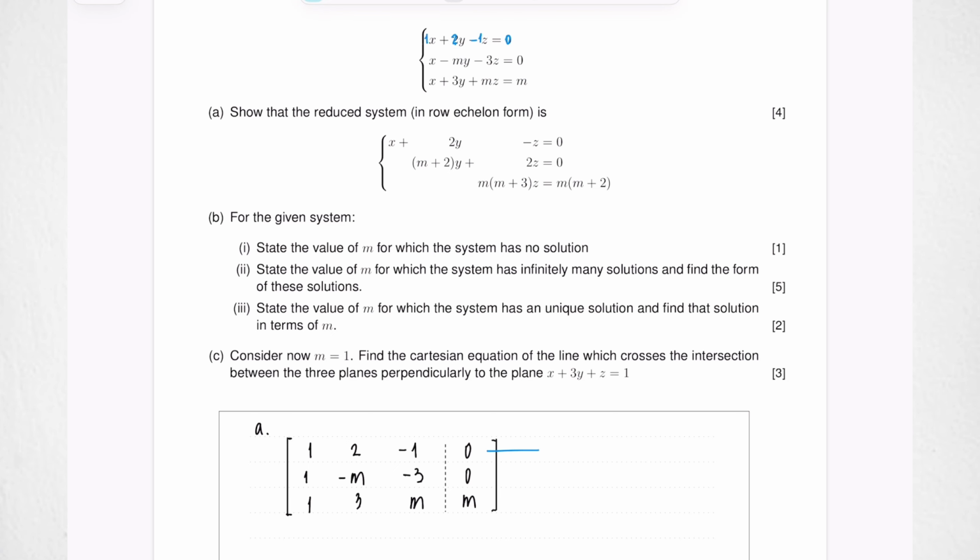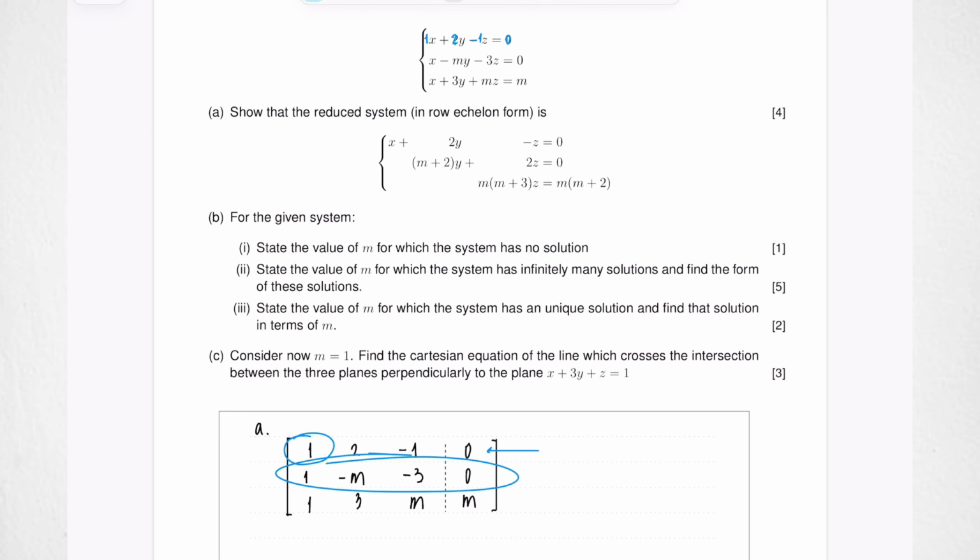Do notice whether in your first line or first equation the first coefficient is 1. If it's not, make it into a 1, which might involve dividing or multiplying by something or swapping with one of these other equations. In this case, we're fine.